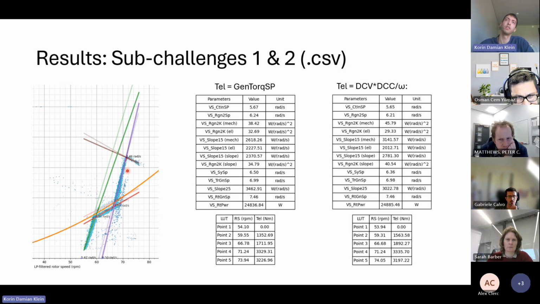In the foreground, we have the generated torque set point, and we can see that this graph, especially concerning the slopes, differs significantly compared to the electrical torque based on the measurement values. That's what we can also see when we look at the different values here. But on the other hand, we can also see that the rotor speeds do not differ much, they are pretty much equal.